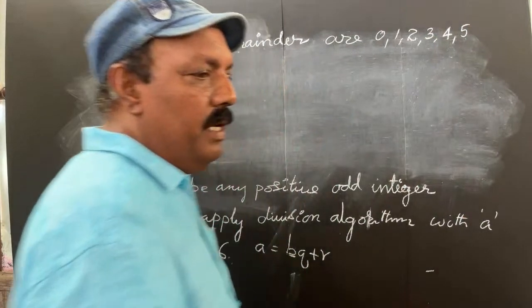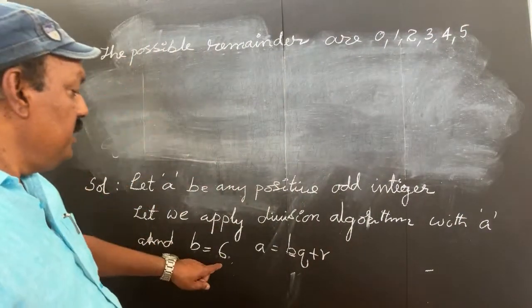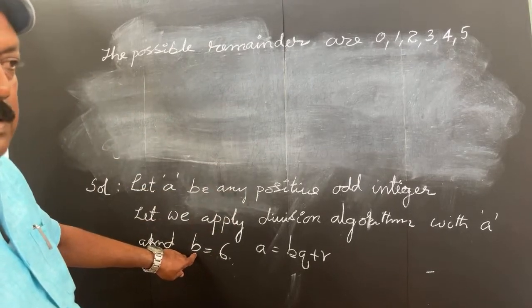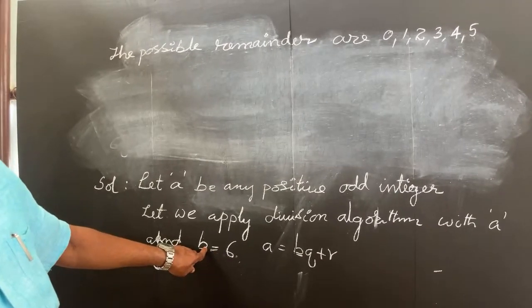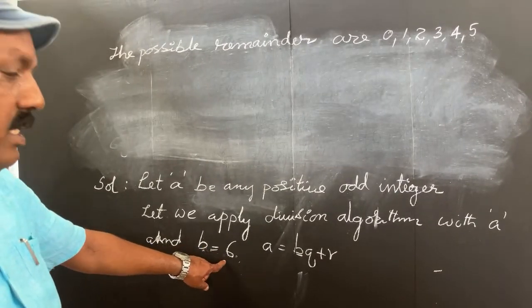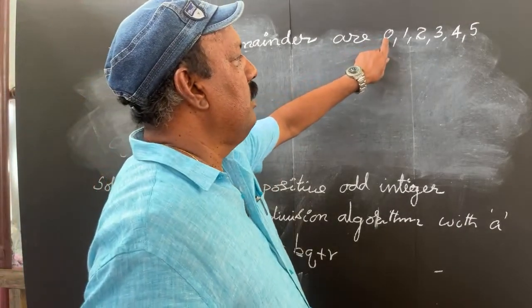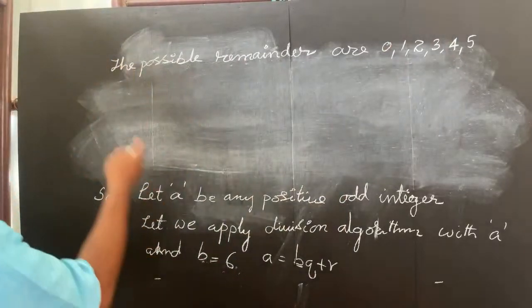These are the possible remainders. How can we say these are the possible remainders? The remainder is always less than the divisor value. Here the divisor is 6, so the remainder should be less than 6. That means 0, 1, 2, 3, 4, 5. So this is step number 3.